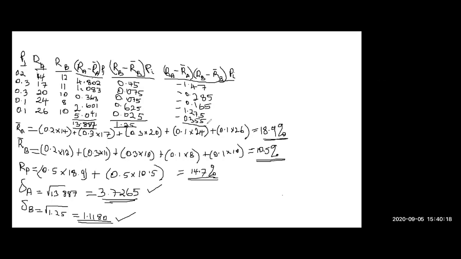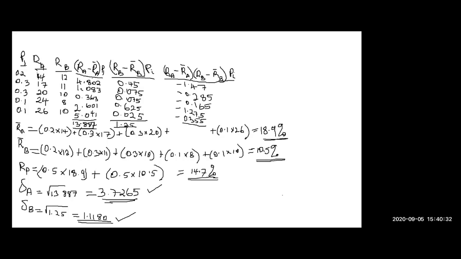So total. Okay, total. Negative 3.3, 55. Negative 3.55.